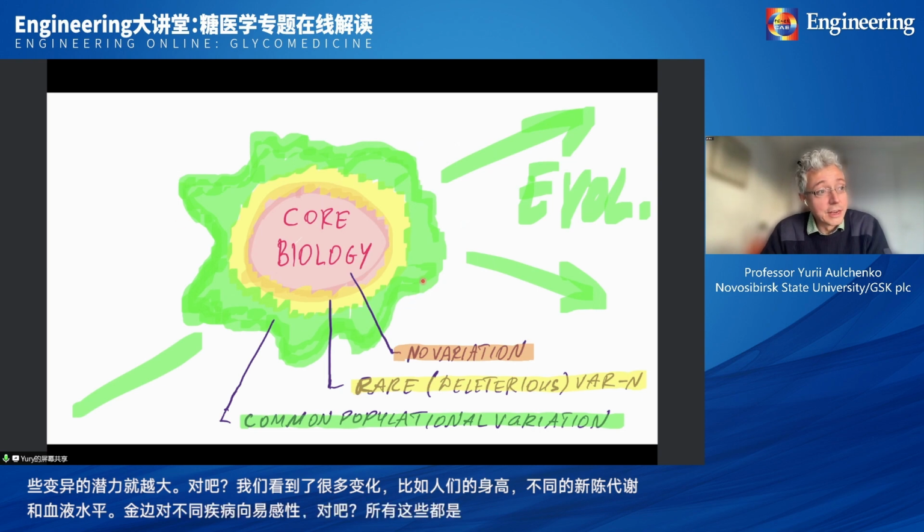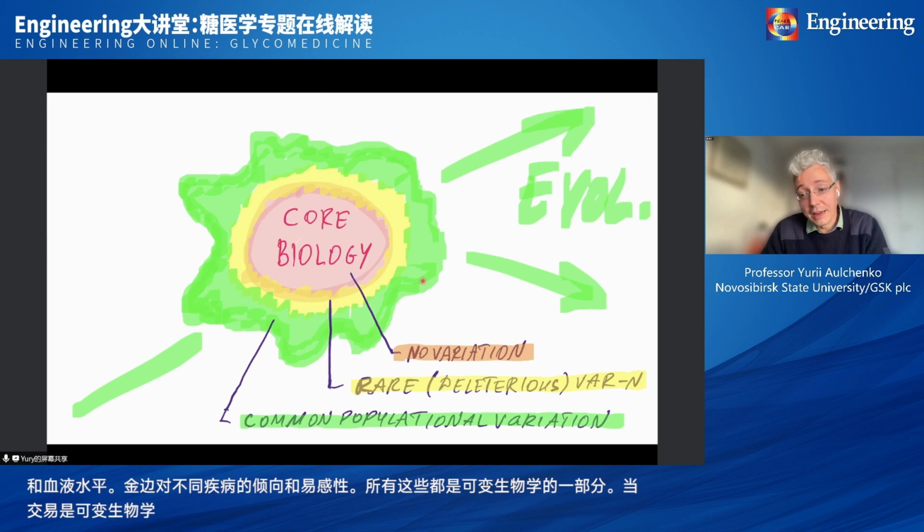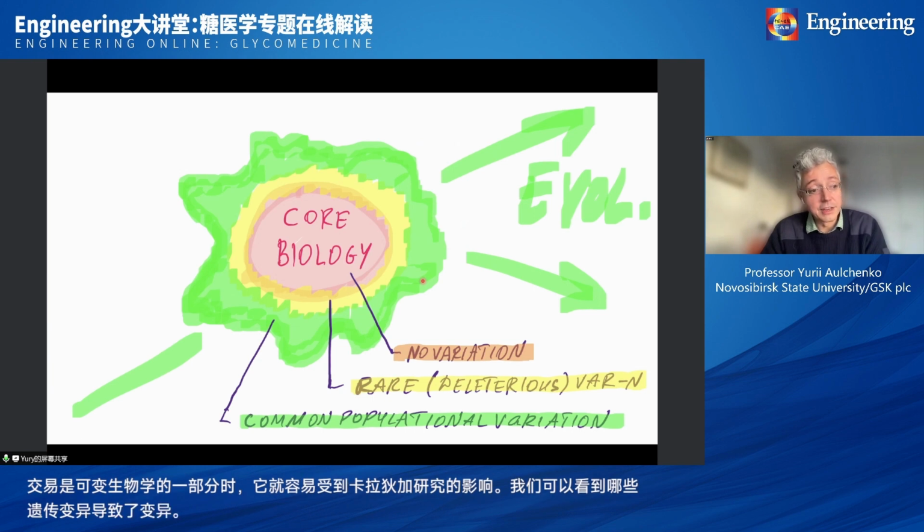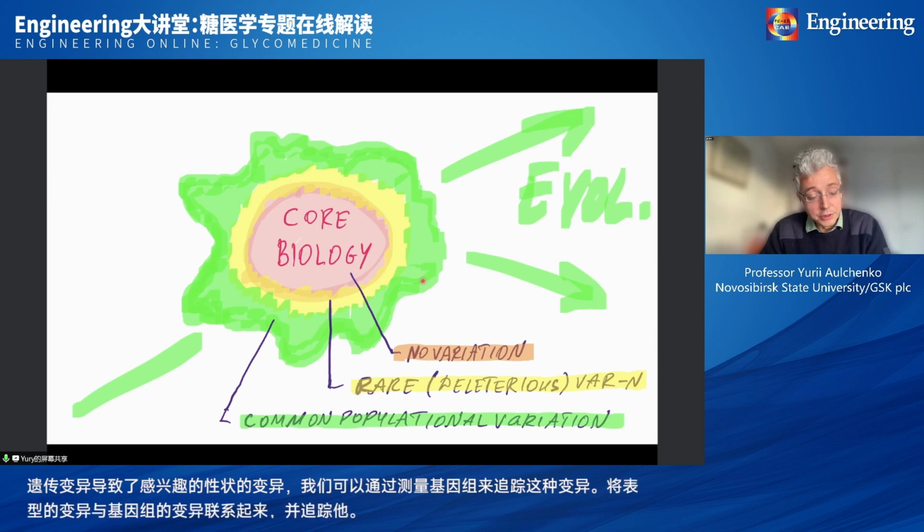And when a trait is part of variable biology, it is liable to the study of causality through the genetics approach, right? We can see which genetic variants lead to the variation in the trait of interest. We can track this variation down by measuring genomes of people and connecting the variation in the phenotype to the variation in the genome, and tracking down the biology of this variation to specific genes.